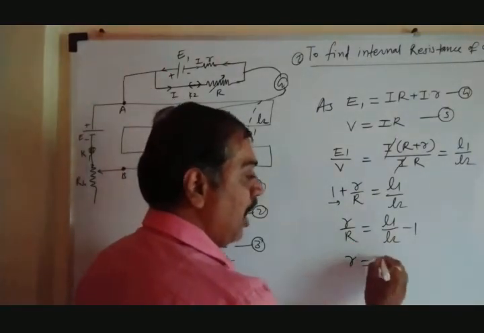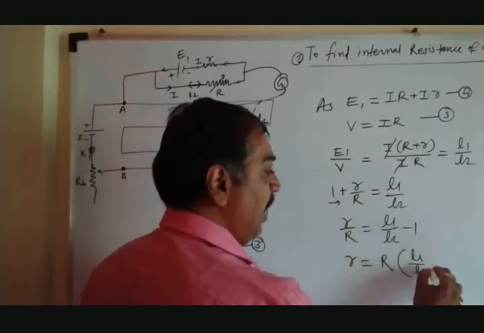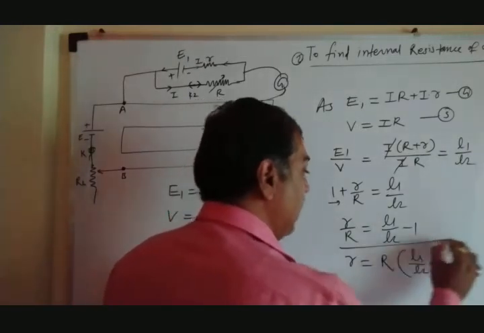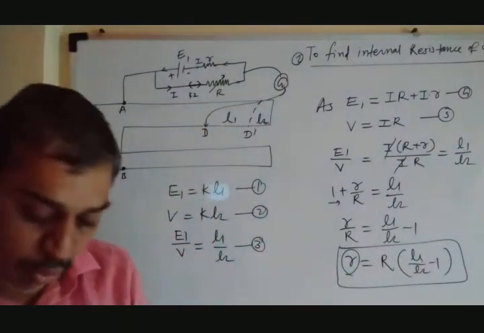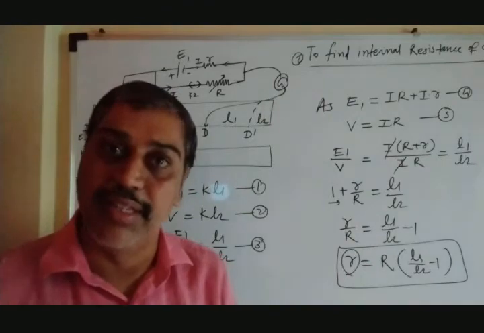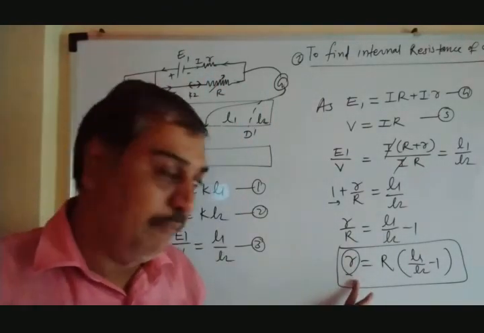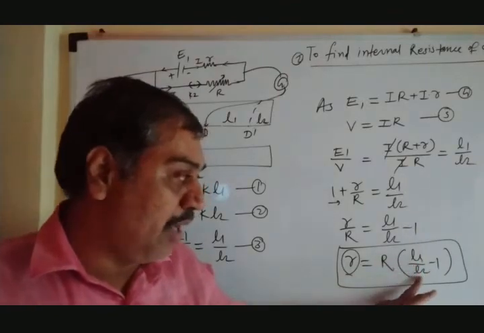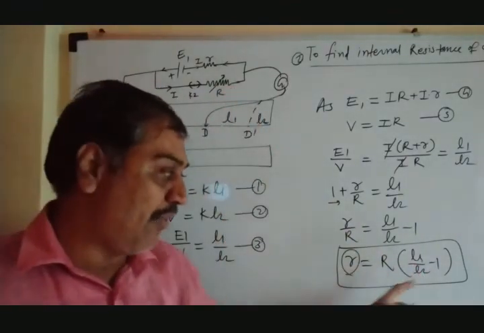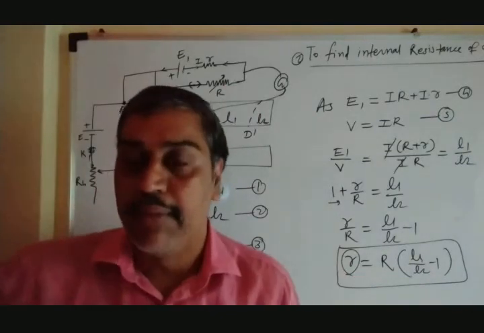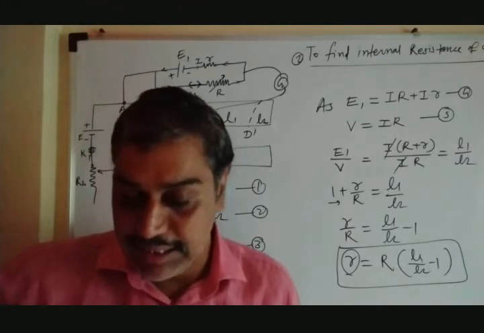You get small r equal to capital R in the bracket L1 by L2 minus 1. And this will give the value of small r. Small r is nothing but the internal resistance of the cell E1 that we want to determine. Once you know the values of L1, L2 and how much resistance we have removed here, all those values are known, you can find out the internal resistance of any cell easily.